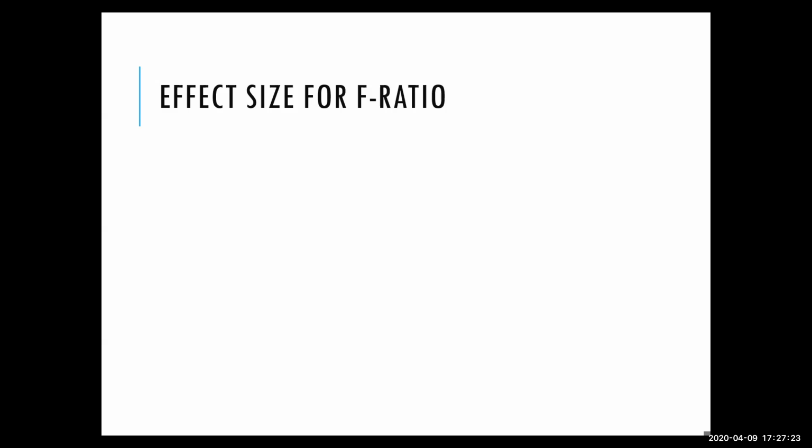Okay, so our formulas are divided as such. We have sum of squares formulas, we have degrees of freedom formulas, and then we have mean square formulas, which is the same thing as variance. And then all of that is going to come together to equal the F ratio.